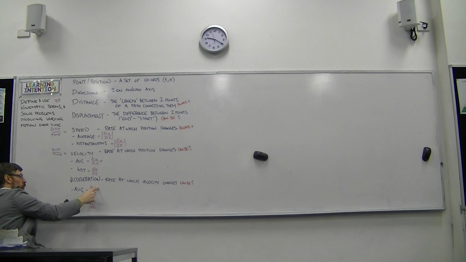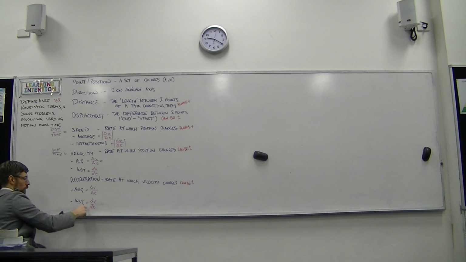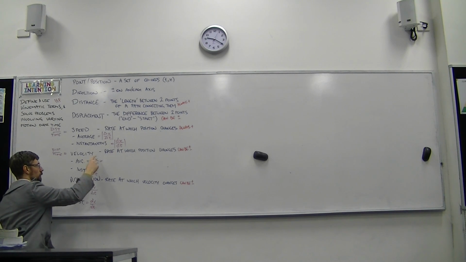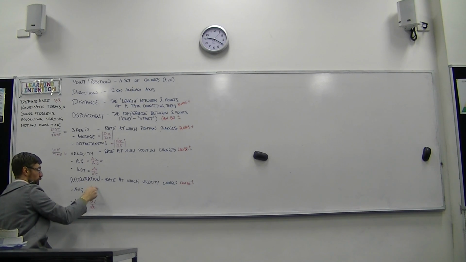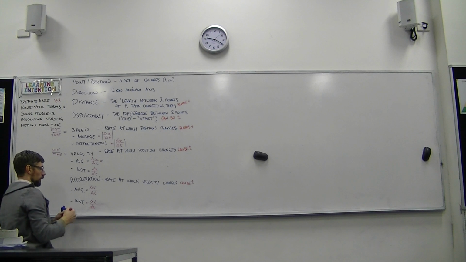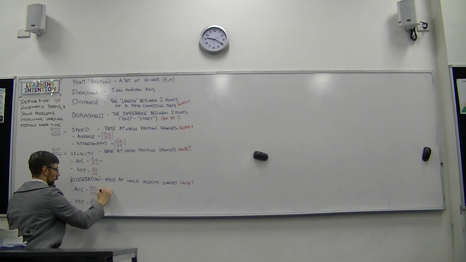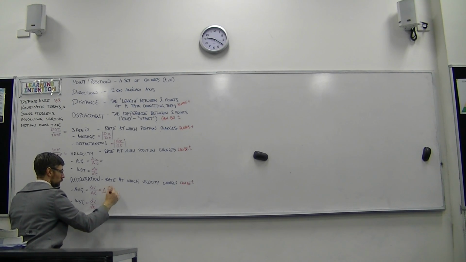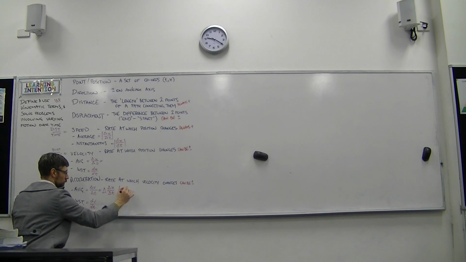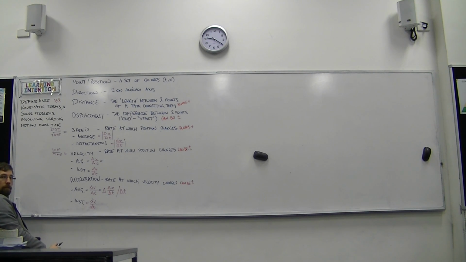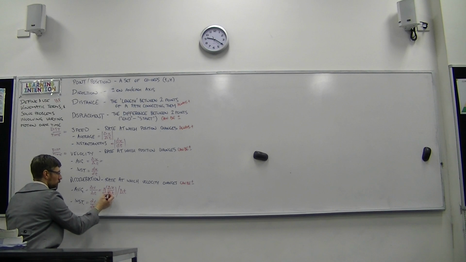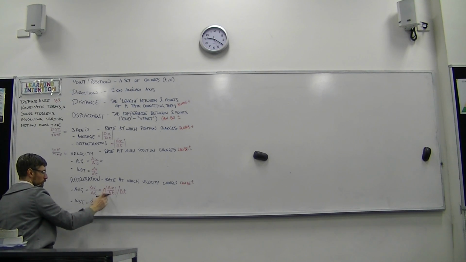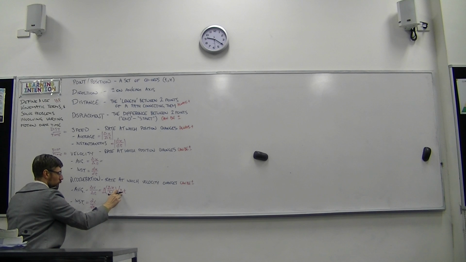This is the change in velocity over the change in time. If I think about this for a second, the velocity is this, so I can think of this as the change in position over the change in time, over the change in time. Now that's getting a bit chunky.